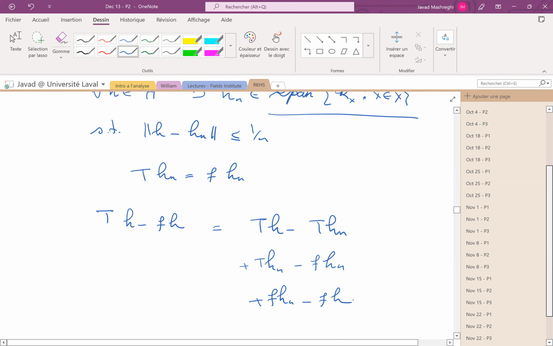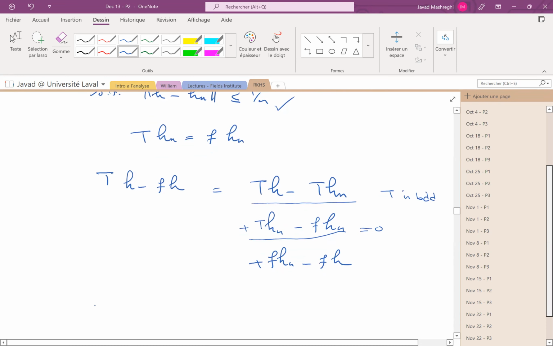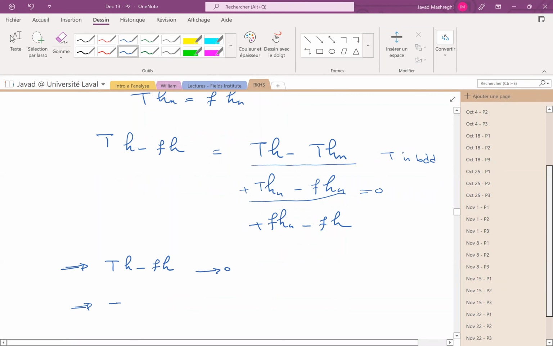And now take the absolute value. Here this part is equal to 0, and here we use the fact that T is bounded. And the last one is also small, thanks to this one. And therefore we conclude that Th minus fh, indeed, it's independent of n, goes to 0 or eventually is equal to 0. It's a limiting process, which means that f is a multiplier.